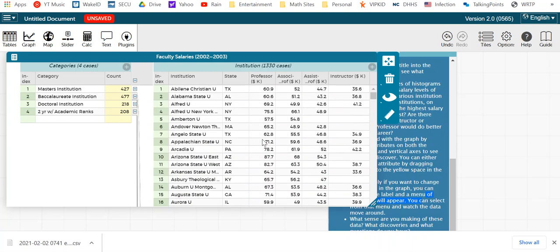So looking at this, one statistical question would be instructor, because not everybody's going to get their master's and doctorate, that sort of thing. Now, an associate and assistant professor. Wonder what the difference is between the two.